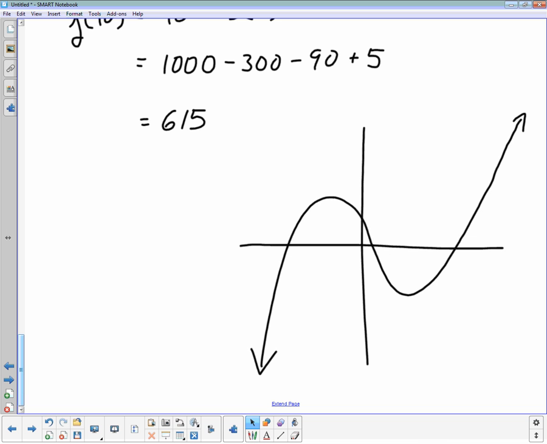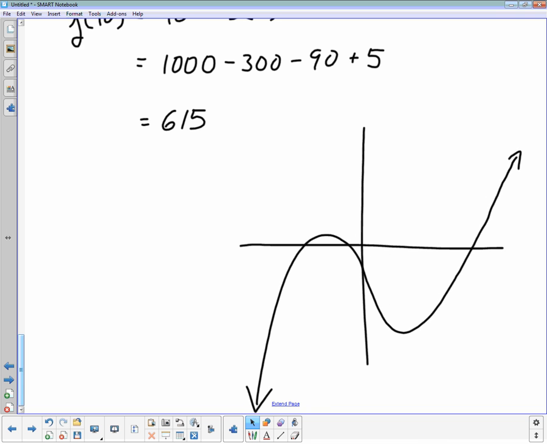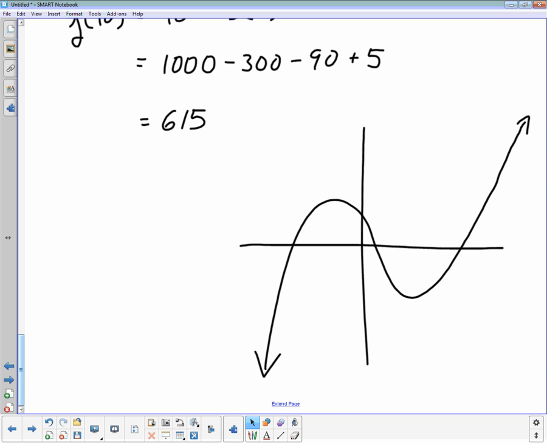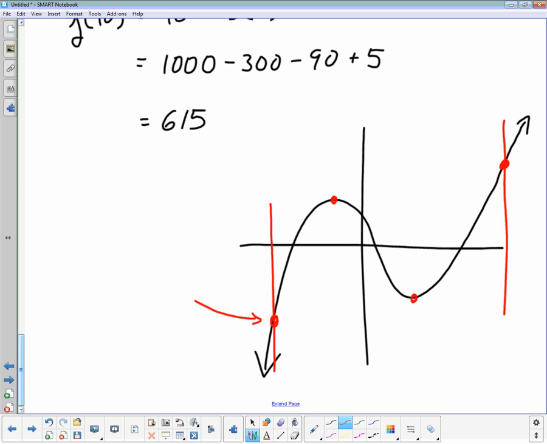Actually, I should be a little more accurate. It's +5, so that's probably a bit more accurate. So at -10 and +10, we have these really negative and positive values. Now we can say who is what kind of extreme. This -10 is the lowest possible point, so this is a global minimum.